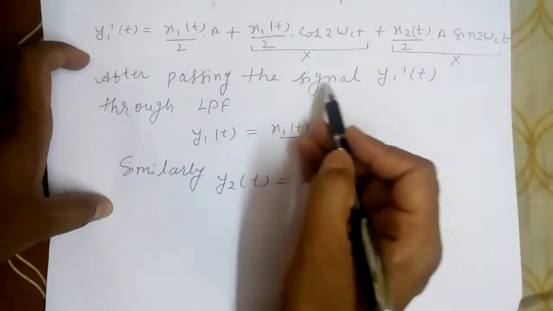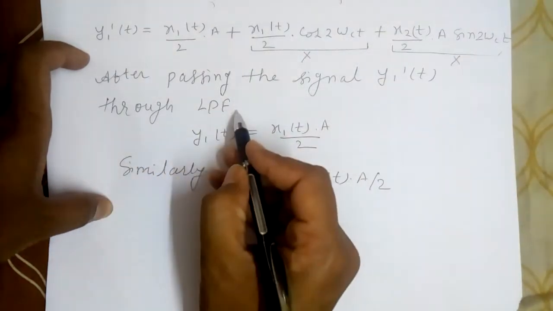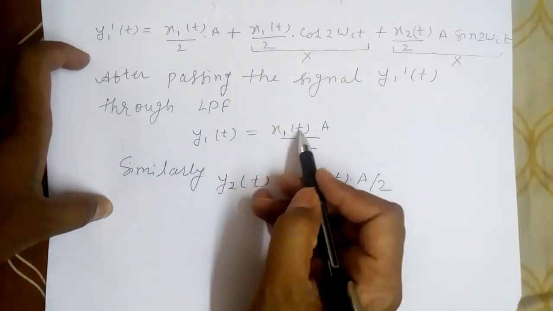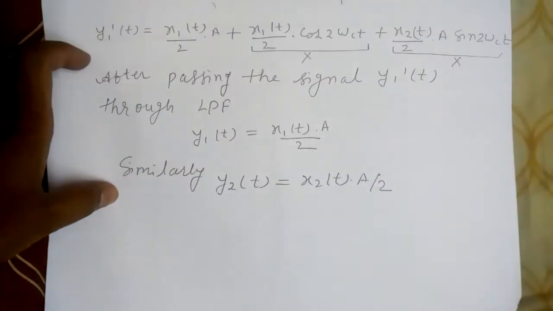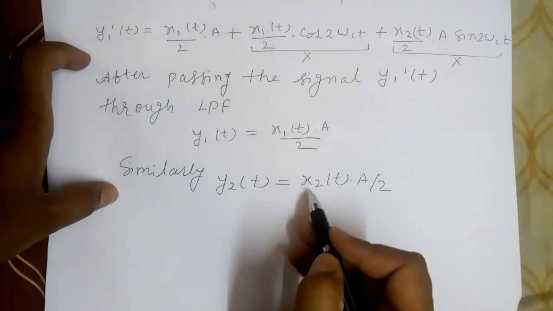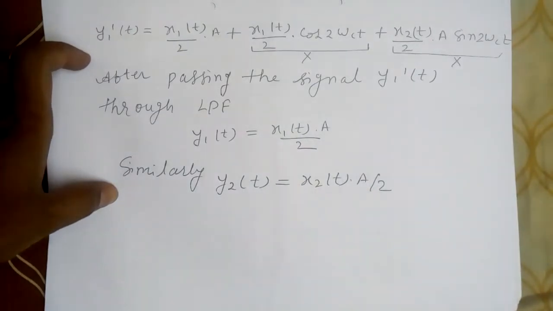So after passing the signal y1 dash t through low pass filter, we get y1t is equal to x1t into a by 2, and similarly we can evaluate the value of y2t as x2t into a by 2.